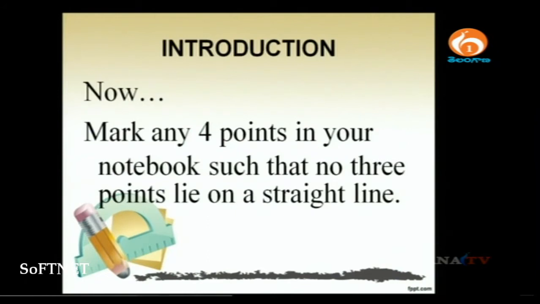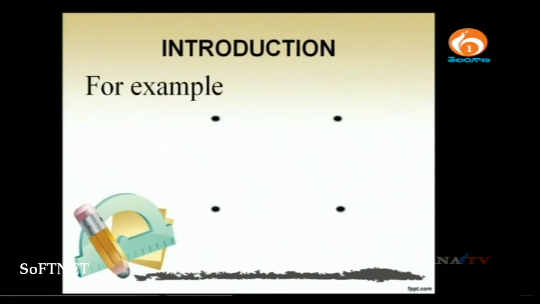Now, mark any 4 points in your notebook such that no 3 points lie on a straight line. For example, you have marked like this. Are you doing this, children?